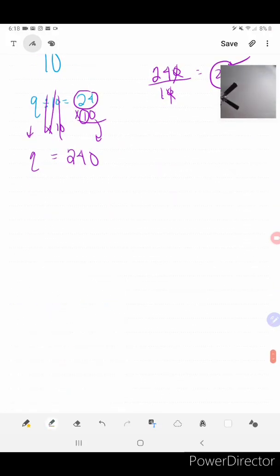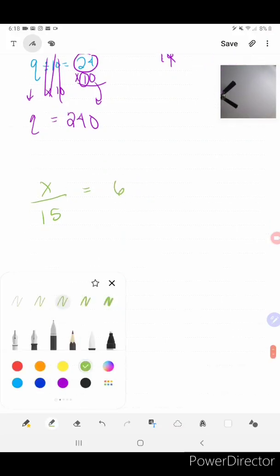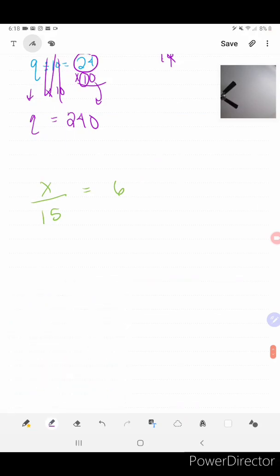So let's say x over 15 equals, let's do 6. So this means x divided by 15 equals 6.